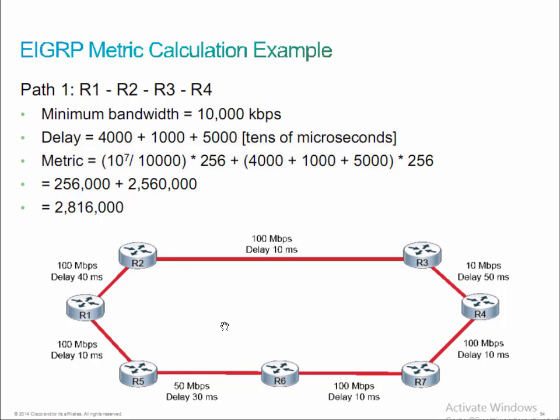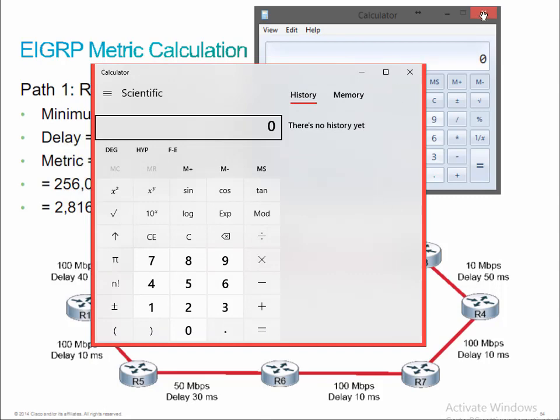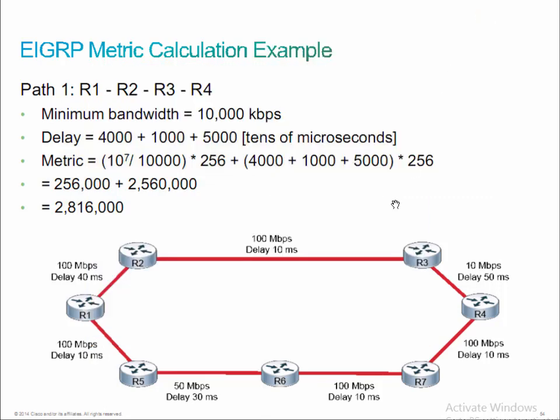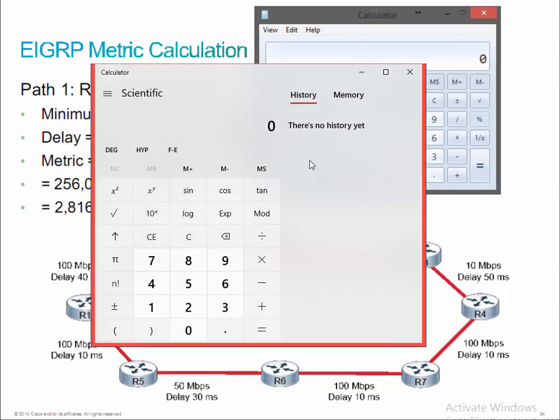We already know that the worst bandwidth along the path, even if I'm just taking these two links into account, is 10 megabits per second. So we've already got that calculation. That's 256,000. So the only thing left is to do the delay calculation, which is 6,000. 6,000 divided by 10.